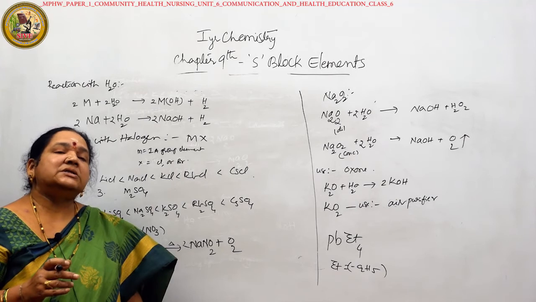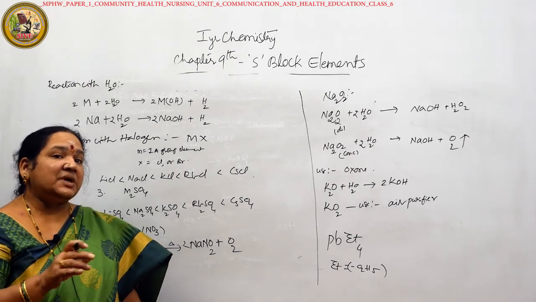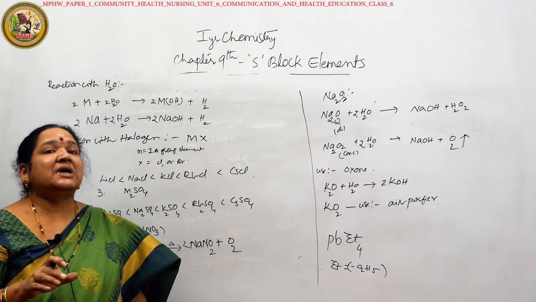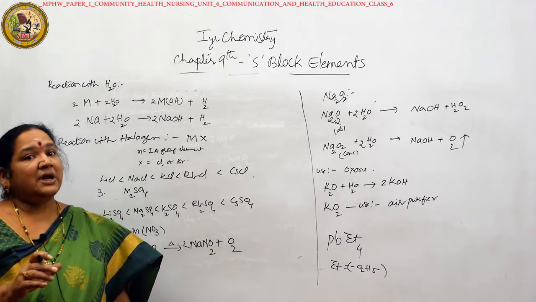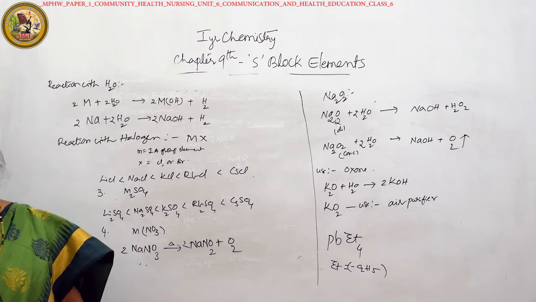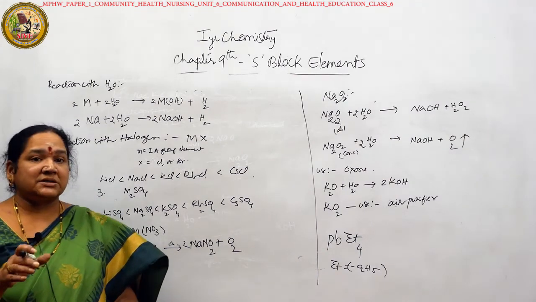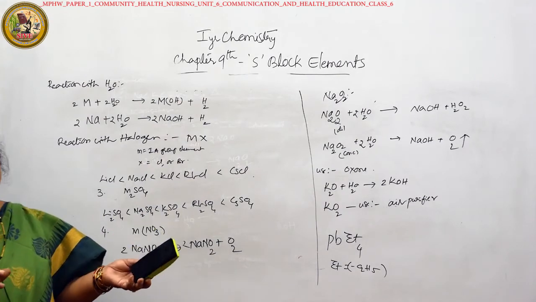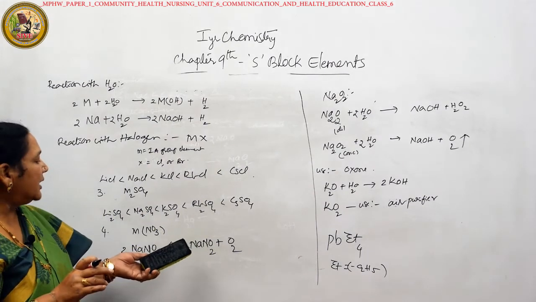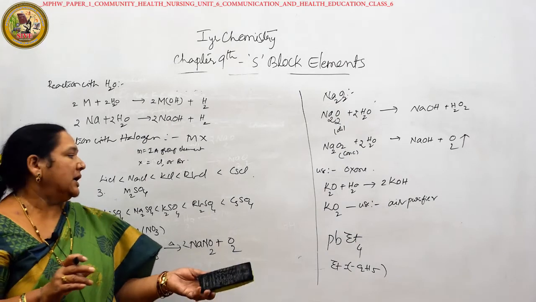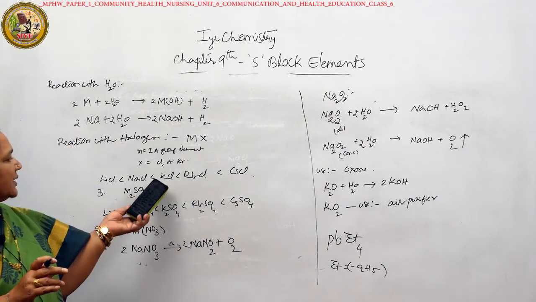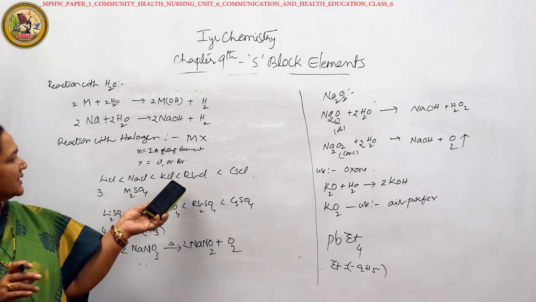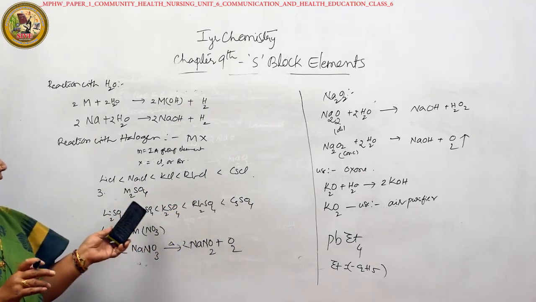Almost all these elements' oxides, when dissolved in water, release hydroxide ions in the solution, so these are alkaline in nature. When exposed to air, they form oxides, peroxides and superoxides also. With halogens, they form halides of the type MX, like sodium chloride and cesium chloride, and their ionic nature increases in this order.